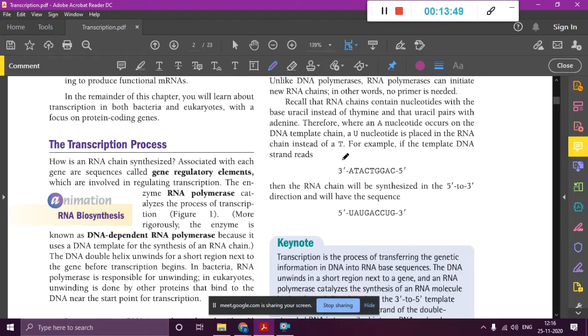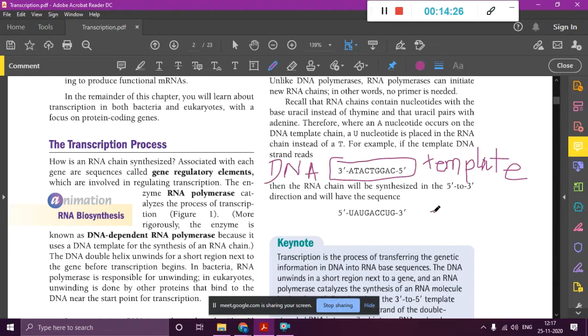So say this is the template strand, and this is the DNA. It is in the 3 prime to 5 prime direction, as you can see. What will be the opposite?